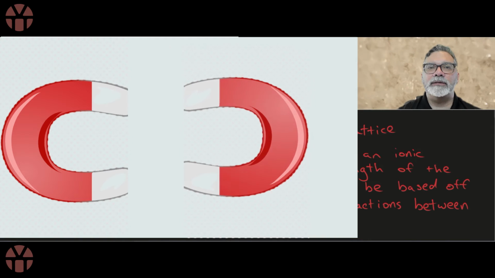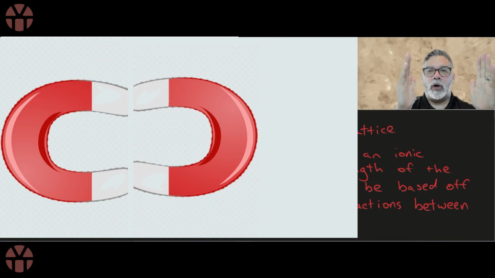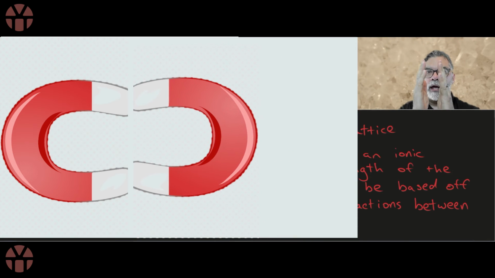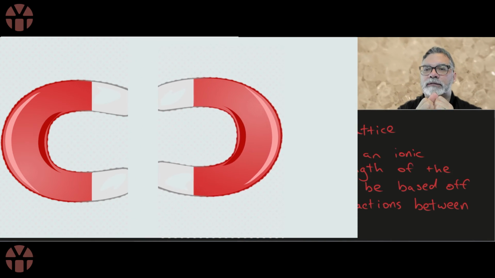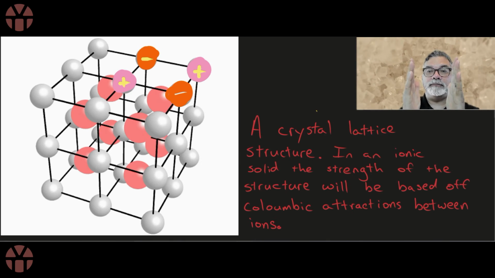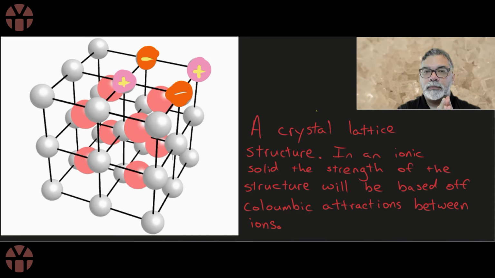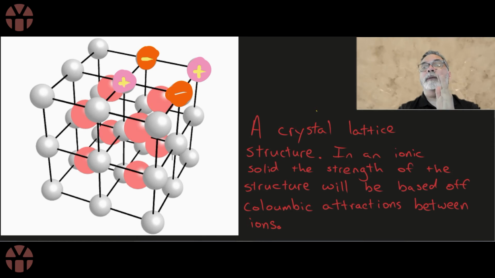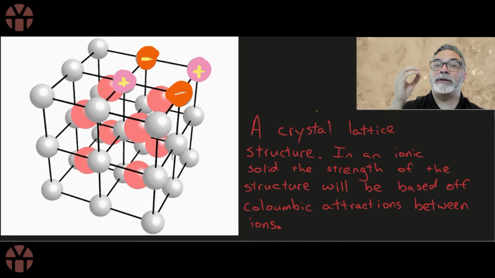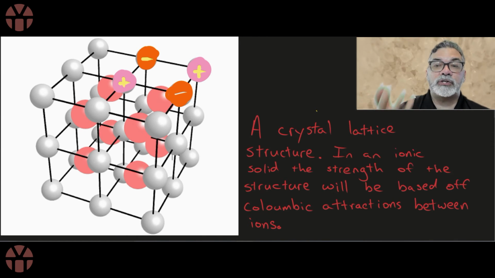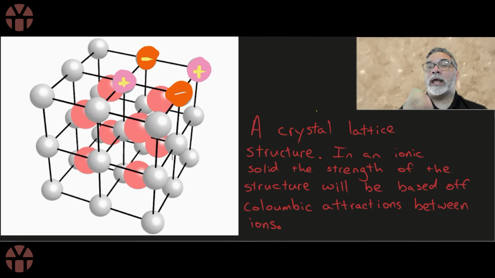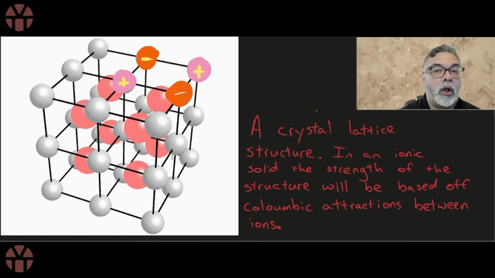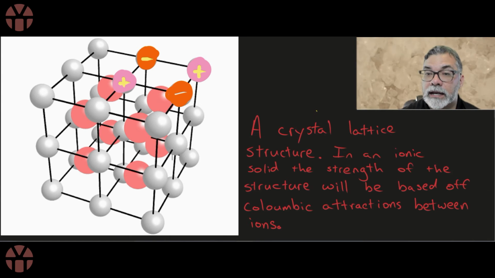What would the magnets tend to do? Well, if you recall, the closer my magnets got, the greater the attractive force, until eventually if I got close enough, they would jump together, right? And so one of the things we want to be aware of is that when we're talking about Coulombic attraction and the strength of a lattice structure, we're going to want to ask the question: how big or small are these cations and anions?